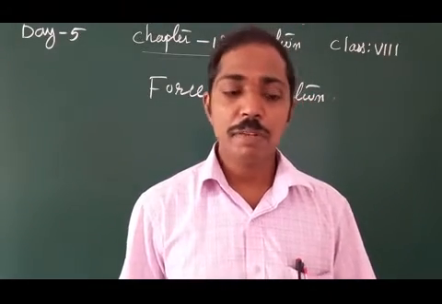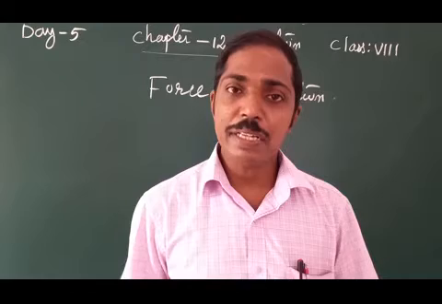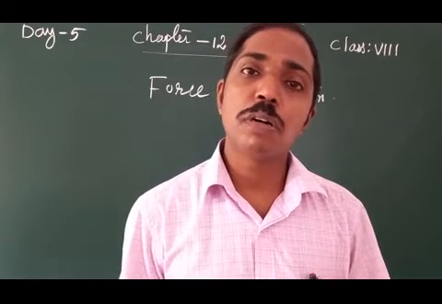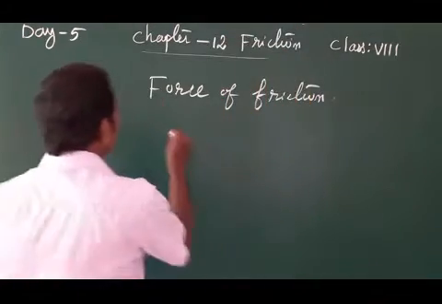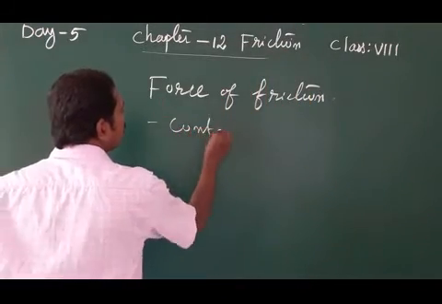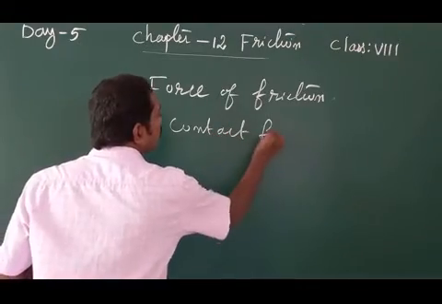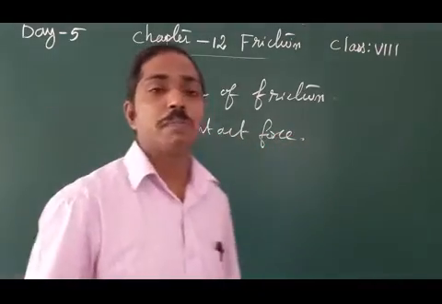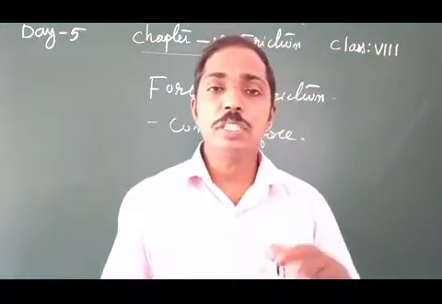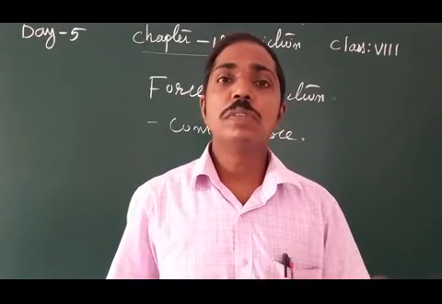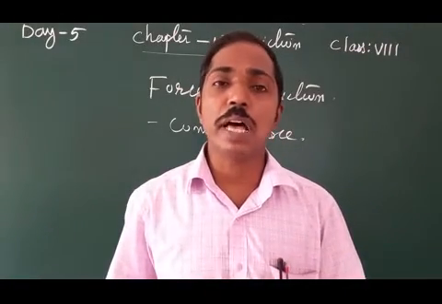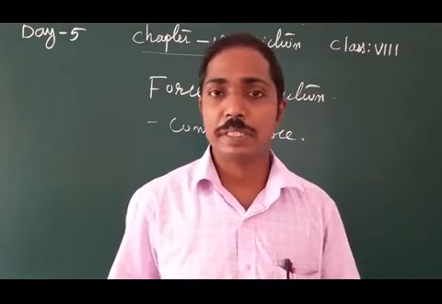What is friction? Already we learned it is a contact force. What did you learn about friction in the previous chapter? It is due to irregularities on the surfaces in contact.